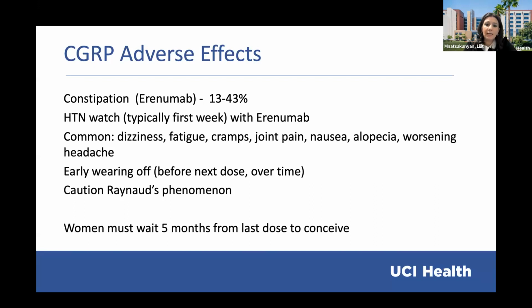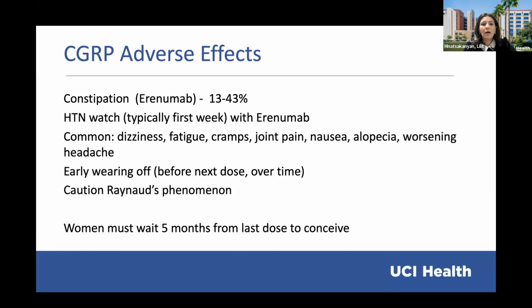The common side effects include dizziness, fatigue, cramps, joint pain, nausea, worsening headaches. Another issue that may come up with this medication is early wearing off. Basically, by the time it's time for the next injection, the effect may wear off. Caution is advised with Raynaud's phenomenon.